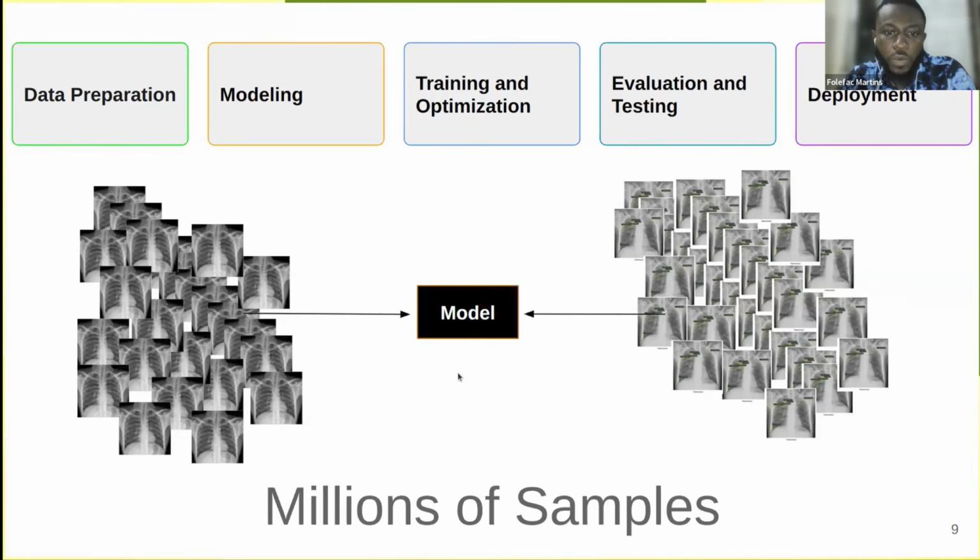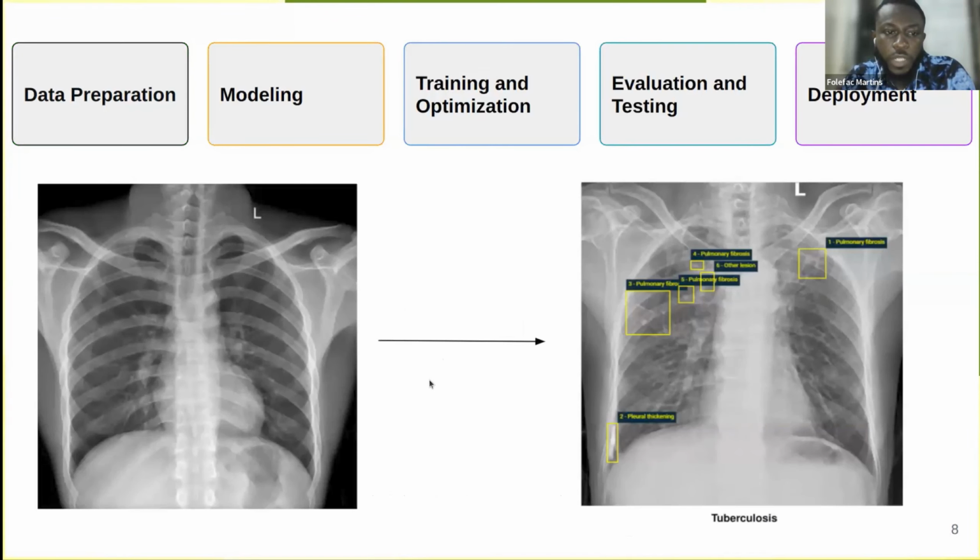So right here, we would have a model which itself is made of millions or sometimes even billions of knobs, like billions of weights. They are generally called weights, but we could just look at them as knobs which we want to tune such that when we have inputs like the one to the left, we are able to obtain an output like the one to the right.